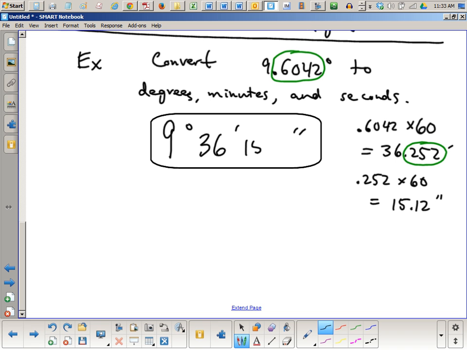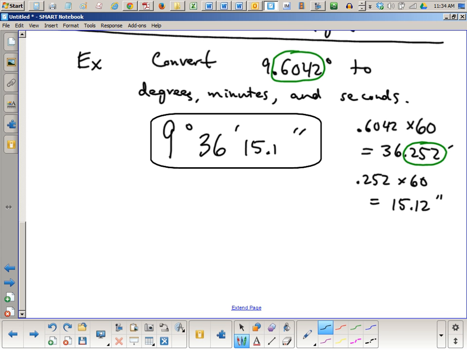And so I have 15.1. I'll just do 15.1 seconds. The difference between 15.1 seconds and 15.12 seconds is so tiny. I mean, we're talking about being off by 1% of 1/3600th of a degree. So I'm not going to quibble about the 0.12. If you want to put the 0.12, go for it.